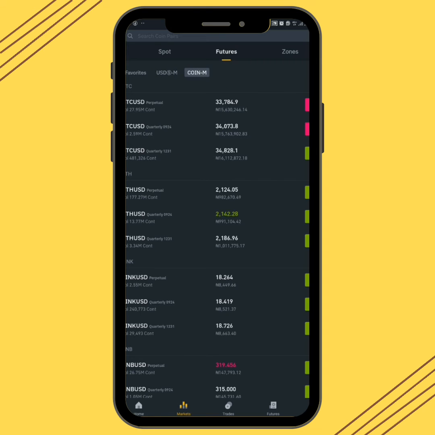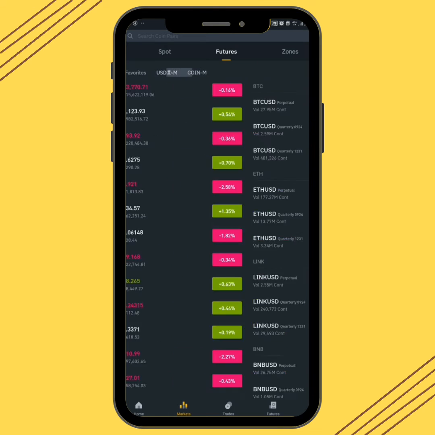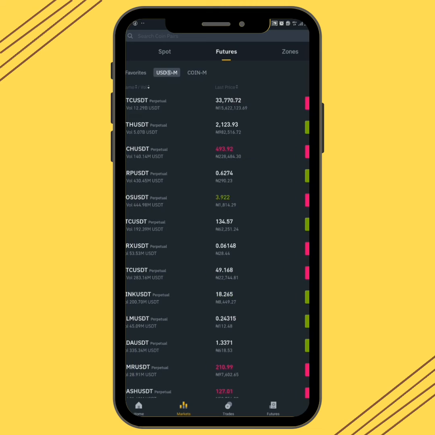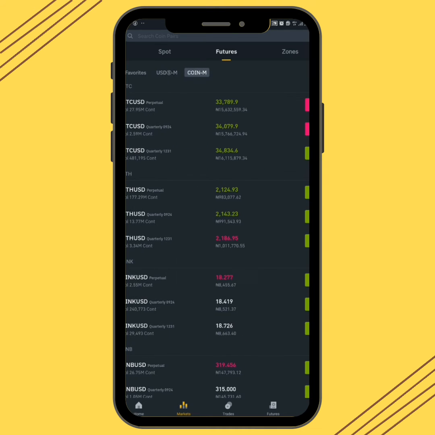Now the difference between USDM and CoinM is that whenever you're going to trade on futures for USDM, you're going to be using USDT to get whatever coin you are trading for. But with CoinM, whenever you trade on futures, it means that you're using the coin. You're going to trade BTC. It means that you're going to use your BTC to trade for USD or BTC to trade for BUSD. That is how it is.